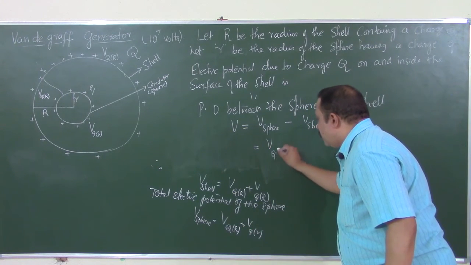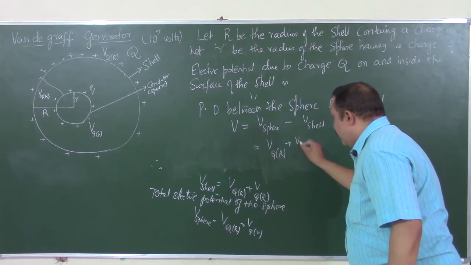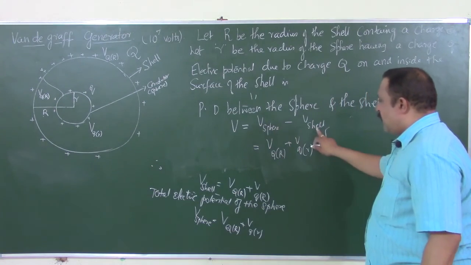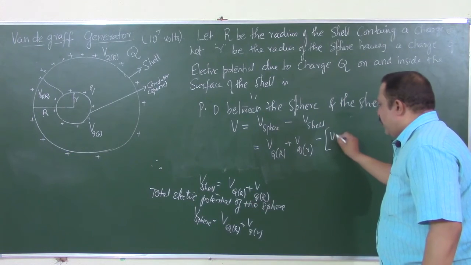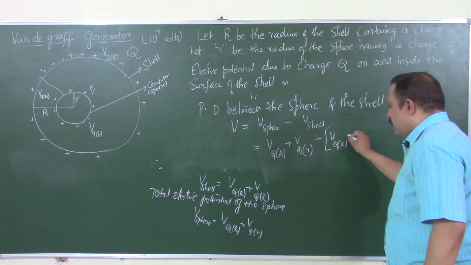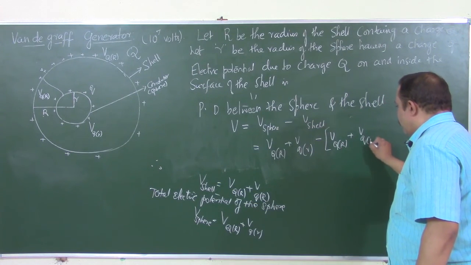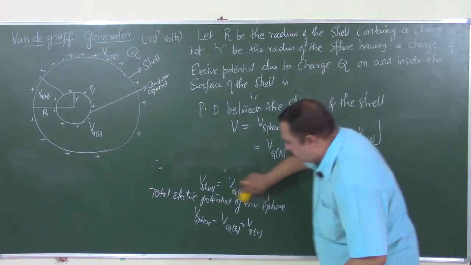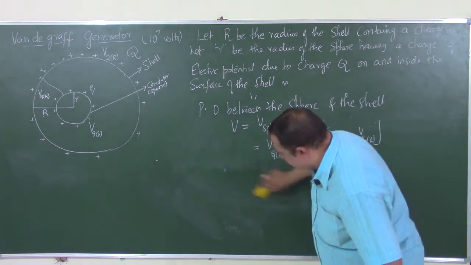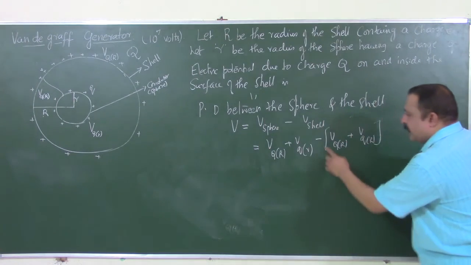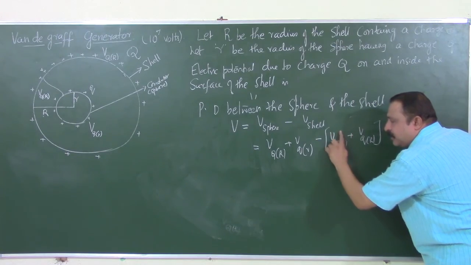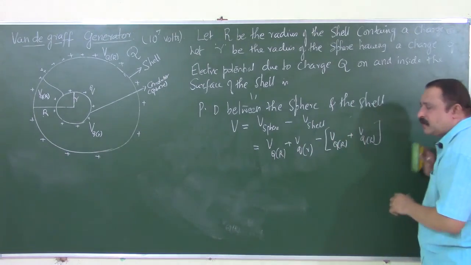V_Q of R plus V_q of small r, minus, and V of shell is V_Q of R plus V_q of R. Now, here you observe that when we simplify, V_Q of R minus V_Q of R, these two terms cancel out.